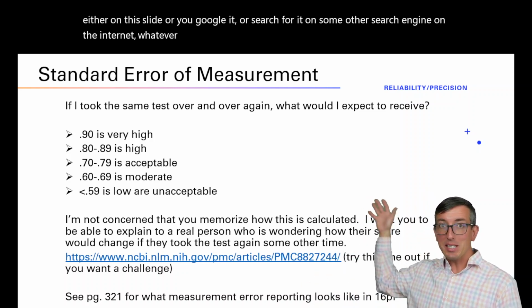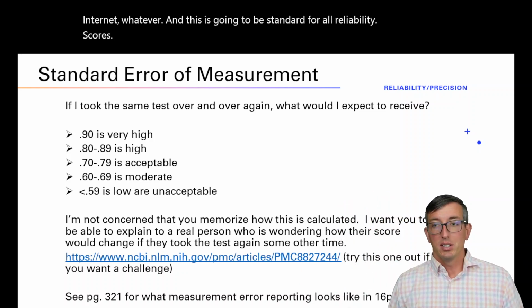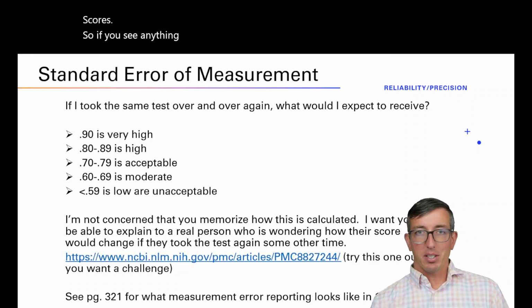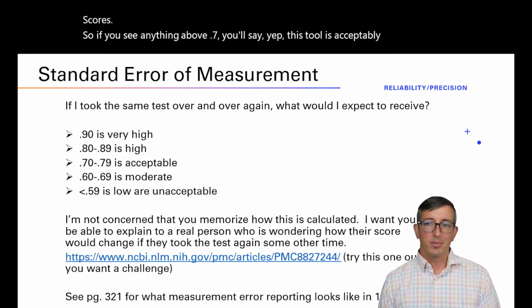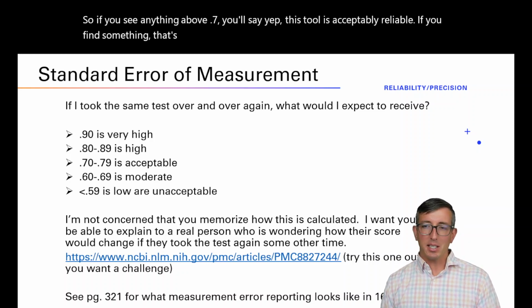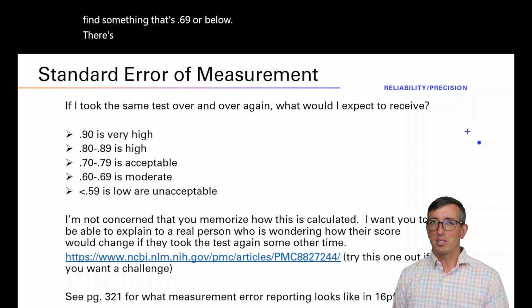And this is going to be standard for all reliability scores. So if you see anything above 0.7, you'll say, yep, this tool is acceptably reliable. If you find something that's 0.69 or below, there's probably a reason for concern or question.